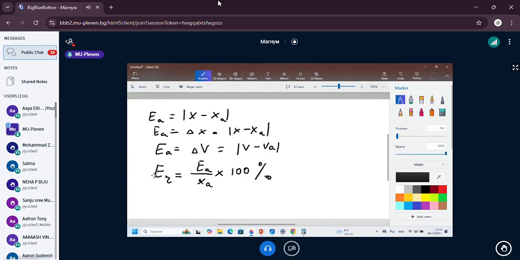That's why relative error is also called percentage error. So we've got absolute error, having the unit of the measured quantity, and relative error, which is measured in percent. And next time we will consider an example to understand better how to calculate and evaluate absolute and relative error.